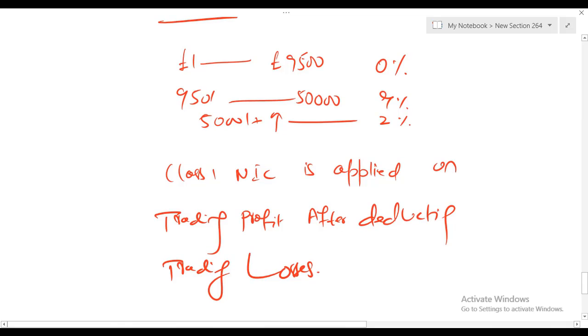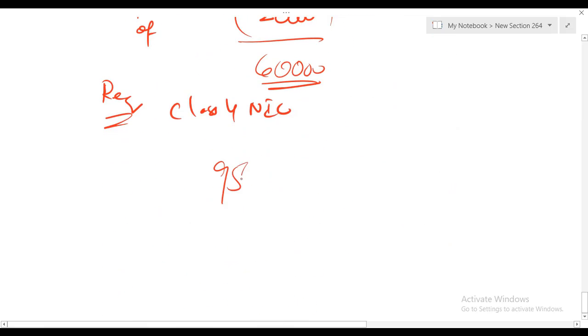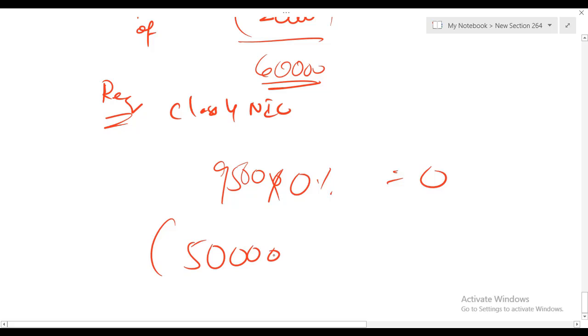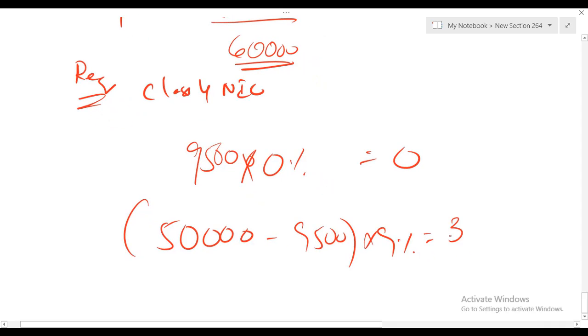So how do we apply class 4 NIC rates? Till 9,500 at 0% is 0. After that, 50,000 minus 9,500 at 9% gives us 3645.